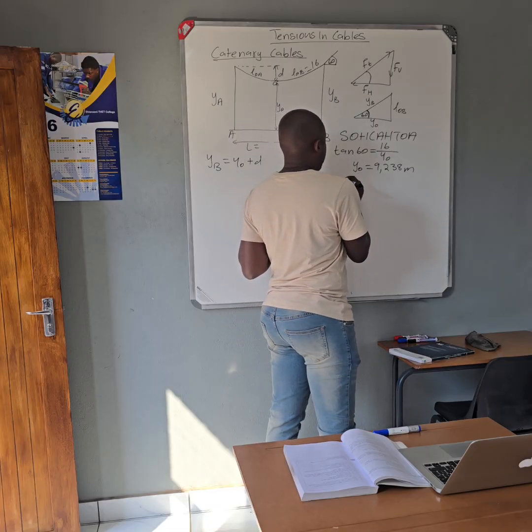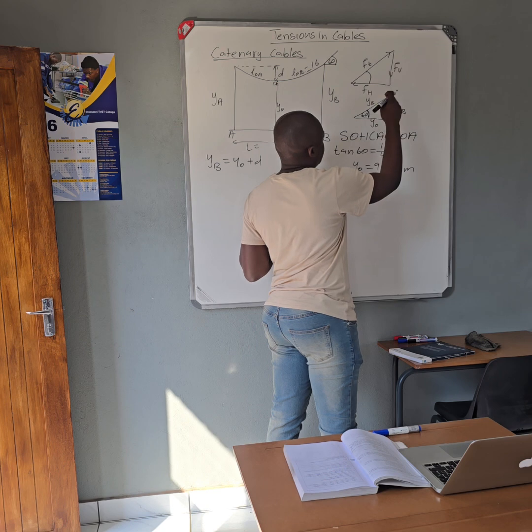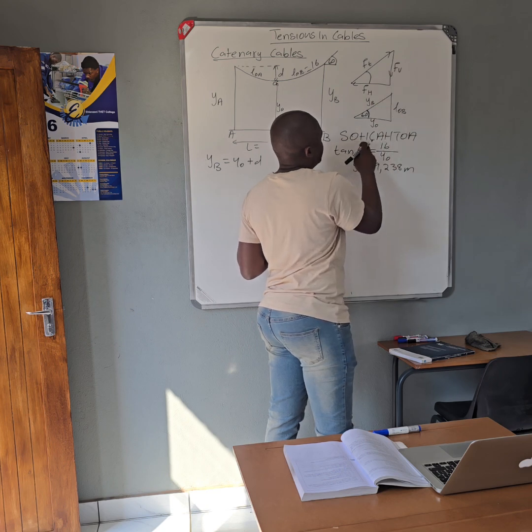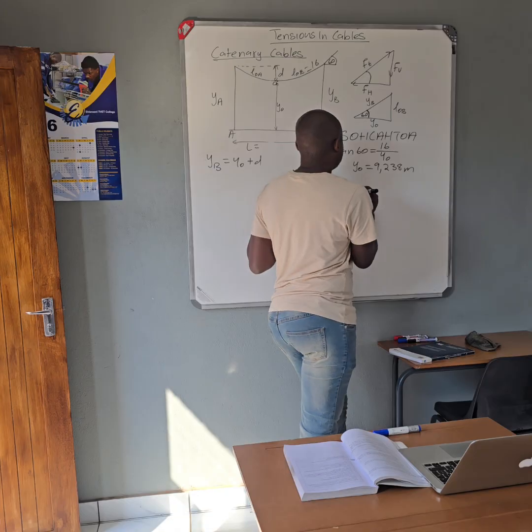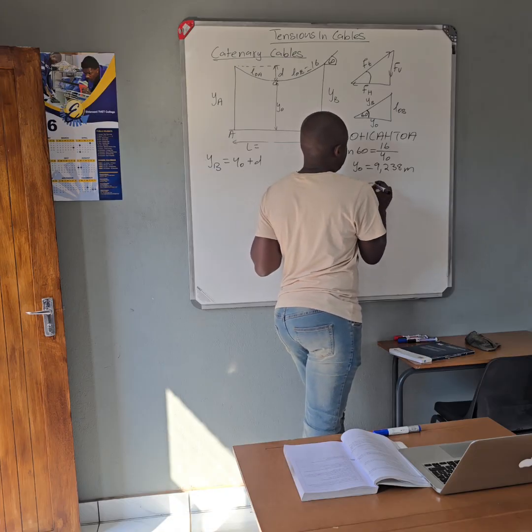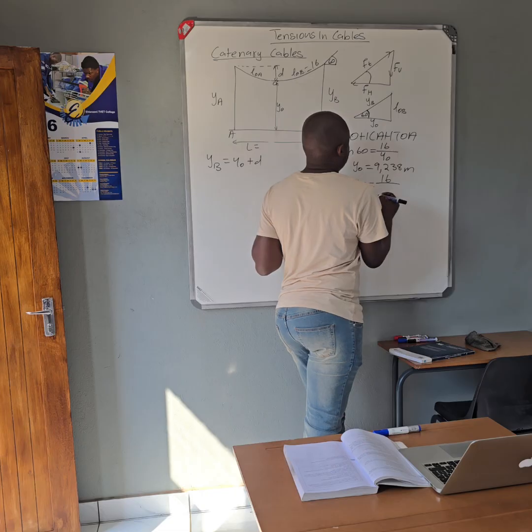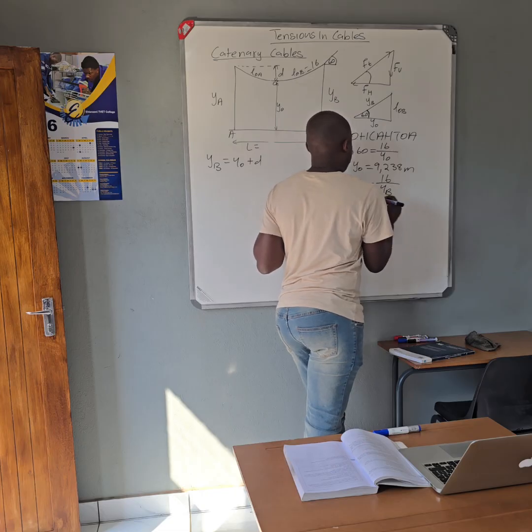Then after that I solve for YB. Here we have a hypotenuse and an opposite. Opposite over hypotenuse, that is sine. Sine 60 is going to be equal to my opposite, which is 16, divided by YB.